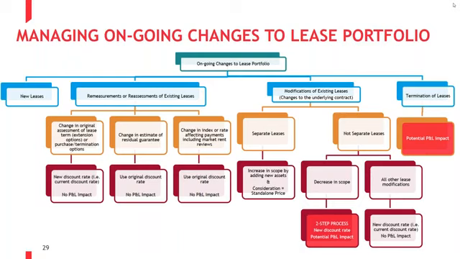It's not a set and forget standard. And there could be new leases, there could be reassessments, various types. There could be modifications where there's formally agreed new terms and conditions between lessors and lessees. And there could be terminations of leases.